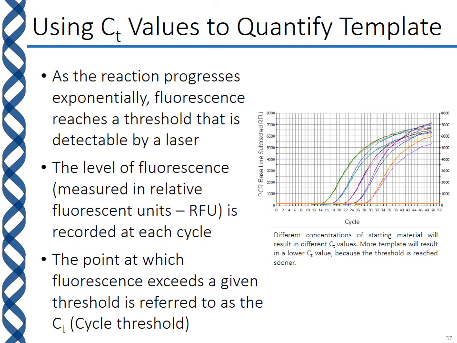And so if you think about, let's say, this first green curve here, let's see if I can use a laser pointer. So this green curve here, the CT or cycle threshold is at 14 cycles. So after the first 14 cycles of PCR have been completed, that's where the level of fluorescence begins to be detected.